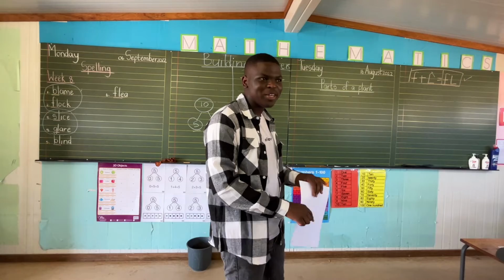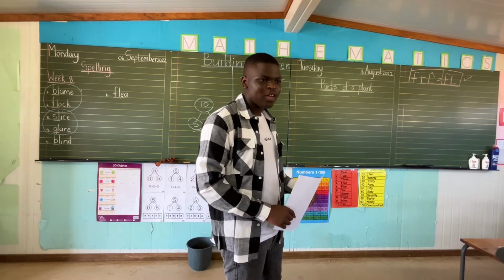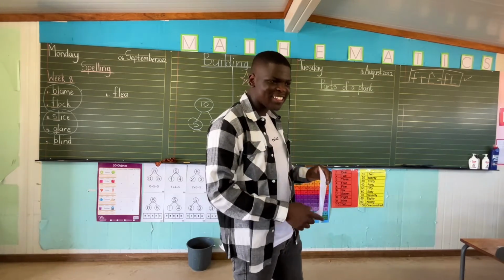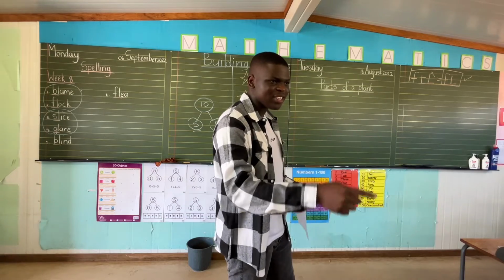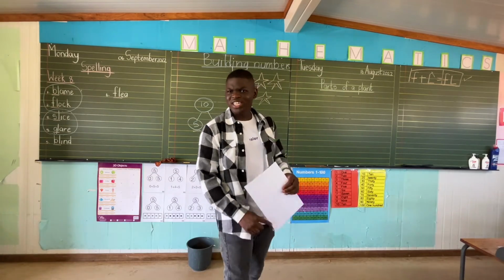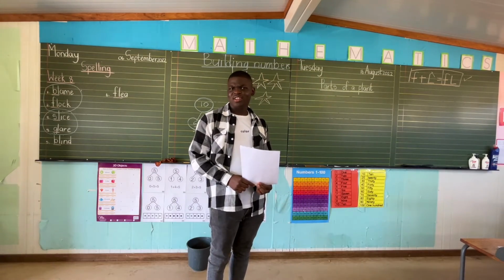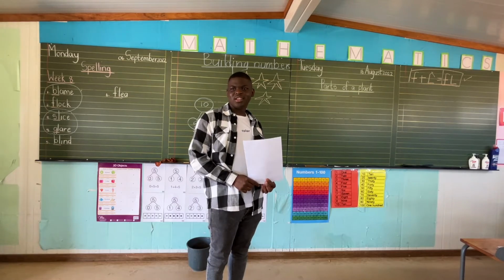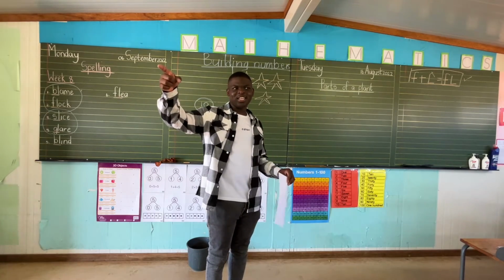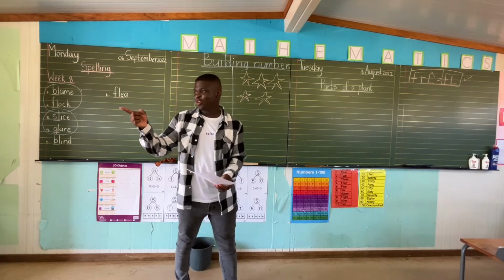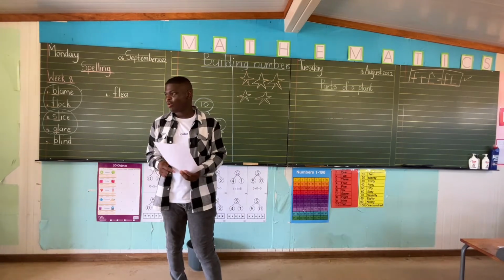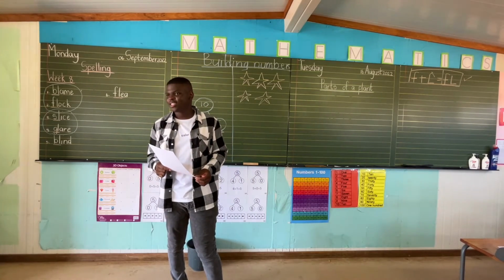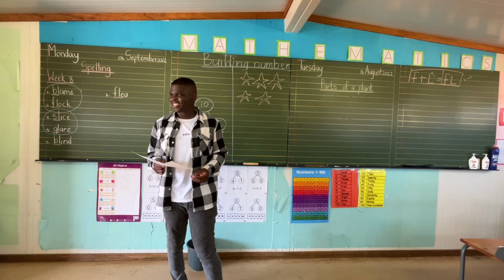Which shapes are you using? You're using hearts. You're also using stars. Who used the square here? You also use squares. You use hearts. You guys love hearts.